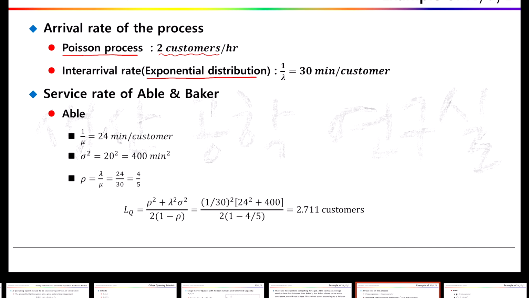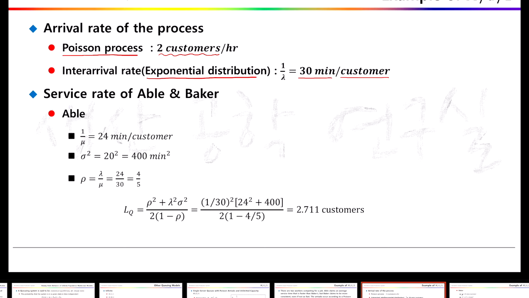So in this case, the mean inter-arrival time will be 1 over lambda, which is going to be 30 minutes per customer. So 1 customer arrives every 30 minutes on average.